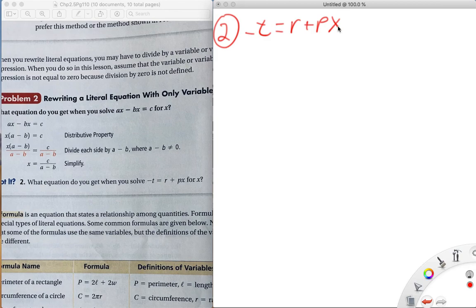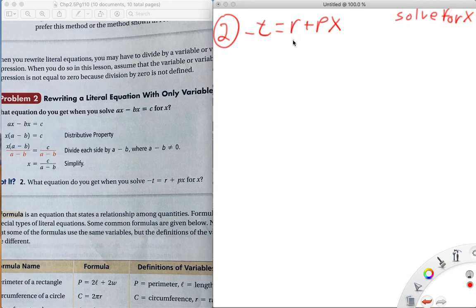So for this one, they want us to solve for x. And the thing about that is, we have no numbers. So when we solve for x, it's going to be a multivariable literal equation.